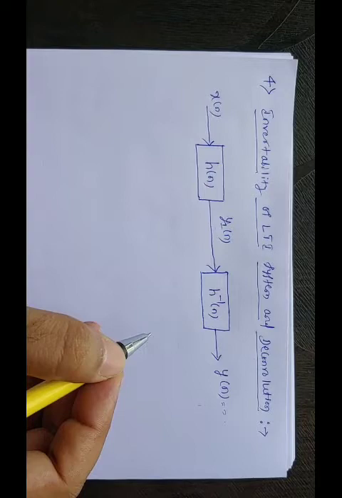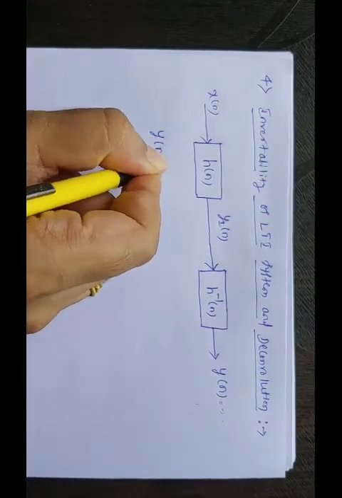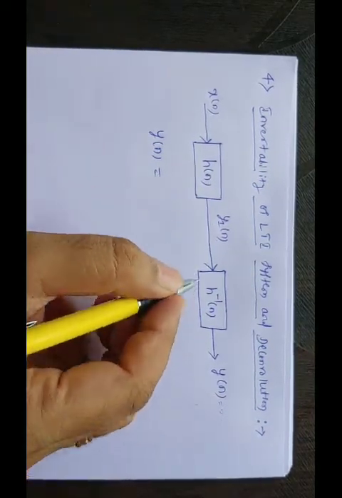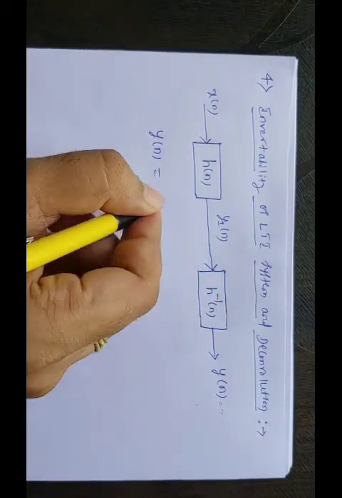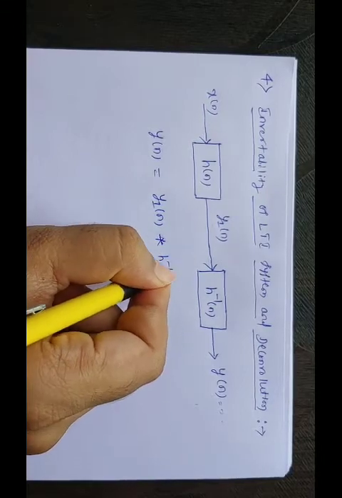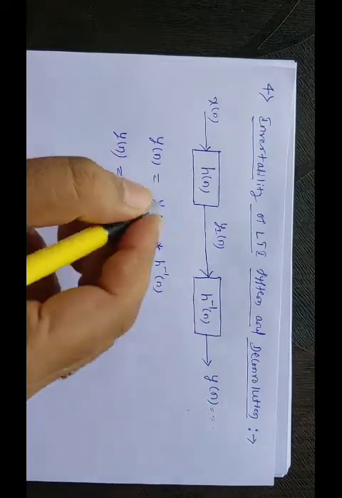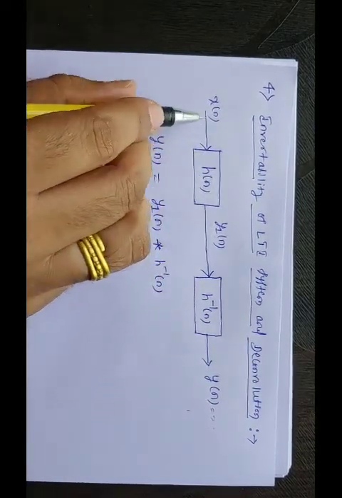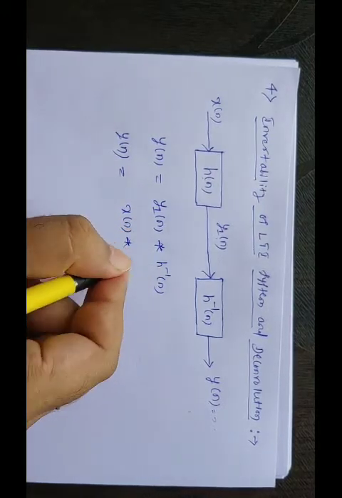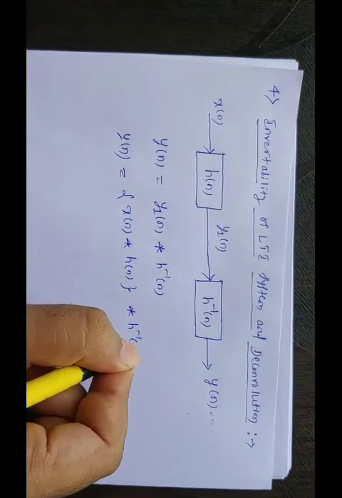Hope you understood. Now let us write what y of n is, because these two systems are connected in cascade. I can write y of n equal to the convolution between y1 of n star h inverse of n. Now what is y1 of n? y1 of n is the convolution between x of n star h of n, and then star h inverse of n.